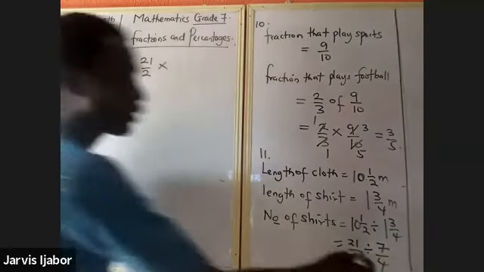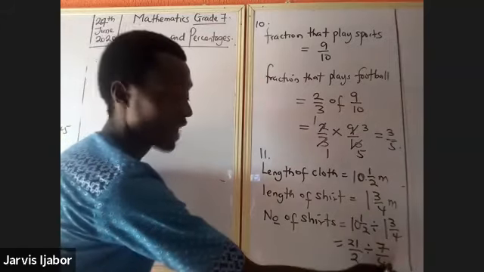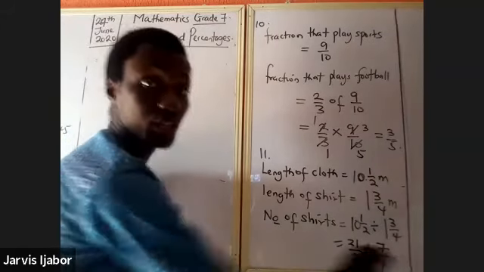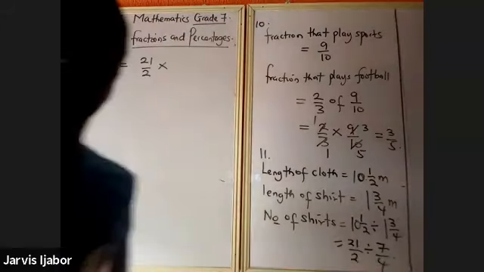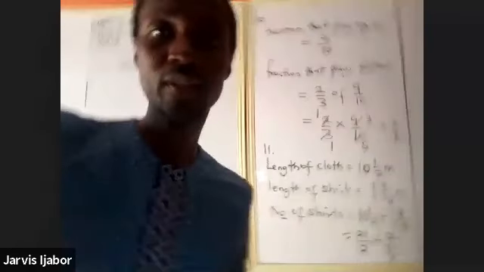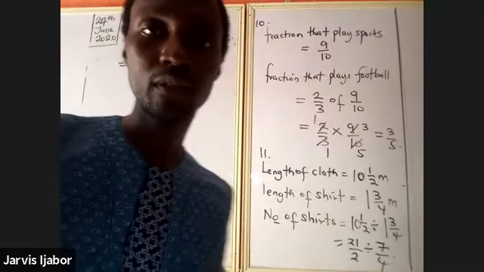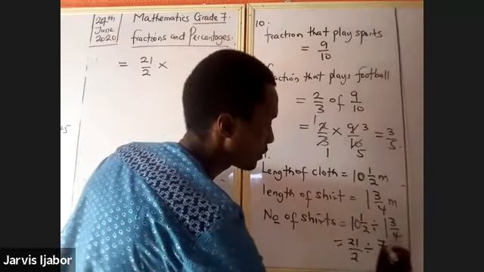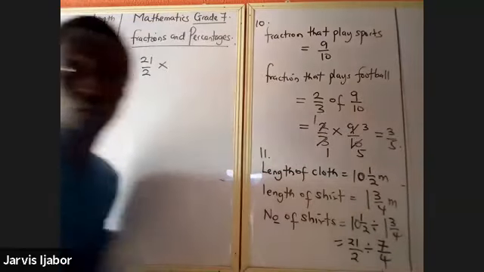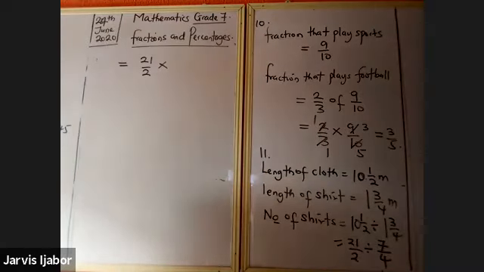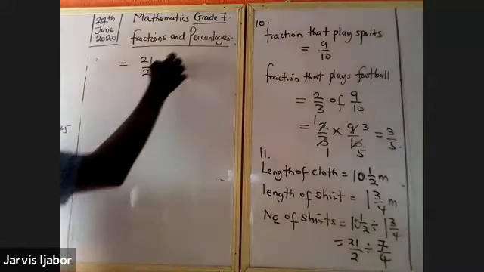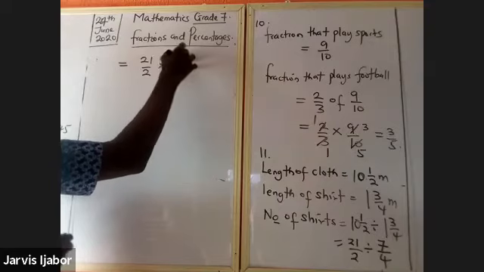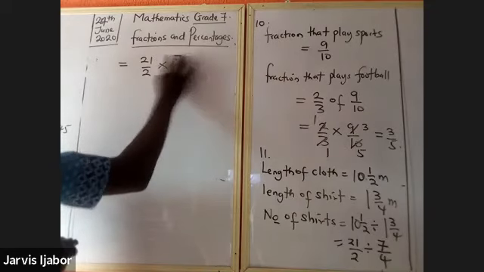This will be 21/2 times, and we said that when you multiply, this sign changes and the fraction flips. Are you seeing that on my board? Okay, you are seeing it. This is 3/4. All right. So that will give you 21/2 times 4/3.